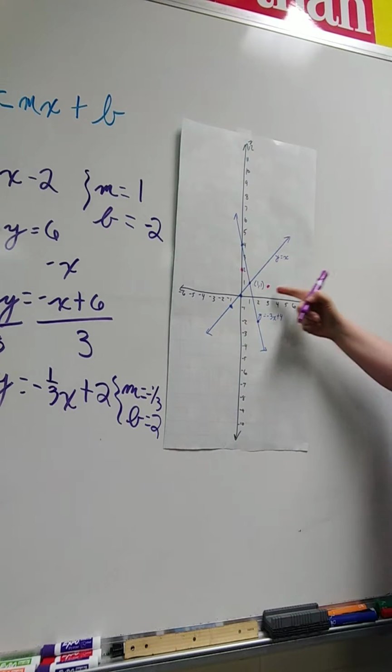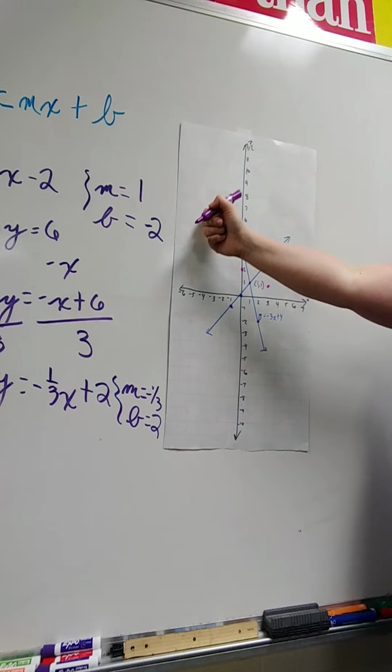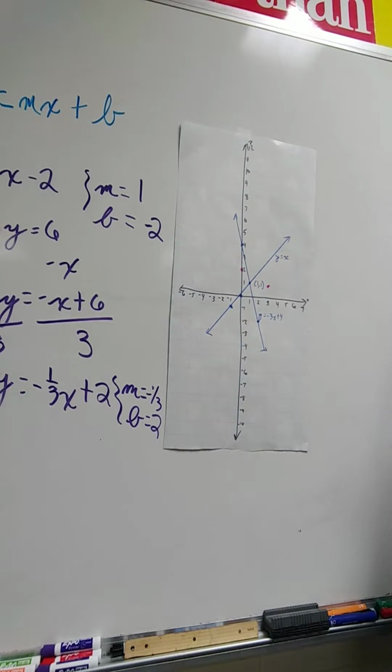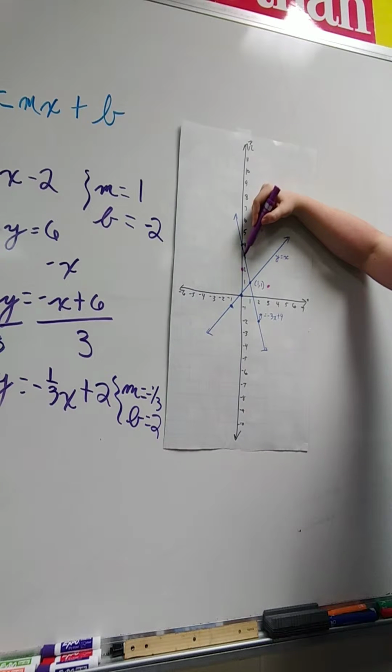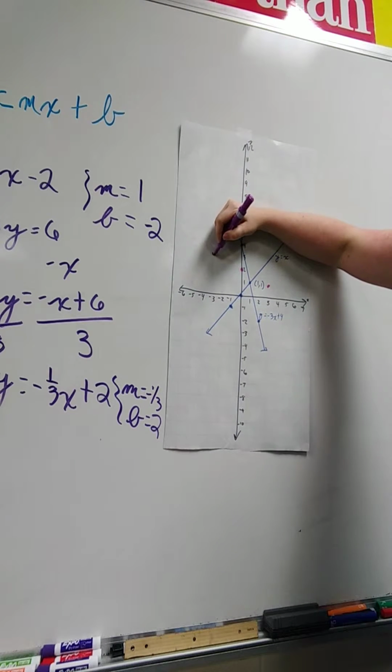Do you want to continue that again, or do you want to go up into quadrant 2? You want to go to quadrant 2? Okay. So with our negative slope, if we go up 1, we need to go to the left 4. I'm sorry, 3. 1, 2, 3, because we're working with 1/3, not 1/4.